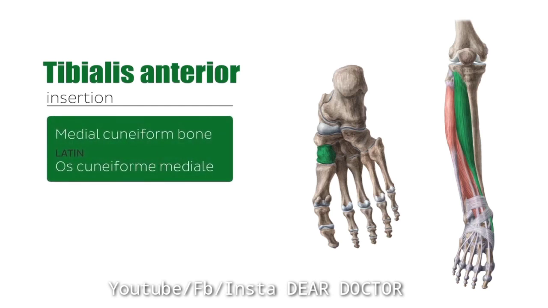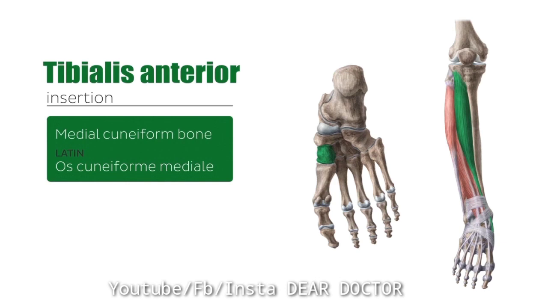You can clearly notice on this image that the muscle originates on the tibia and goes all the way to insert on this highlighted bone, the medial cuneiform bone, specifically on the plantar side of this bone.